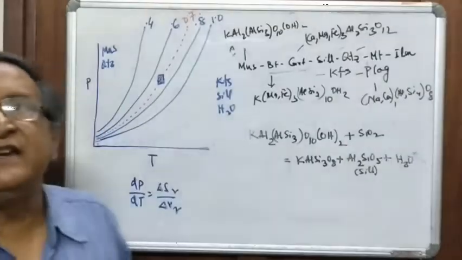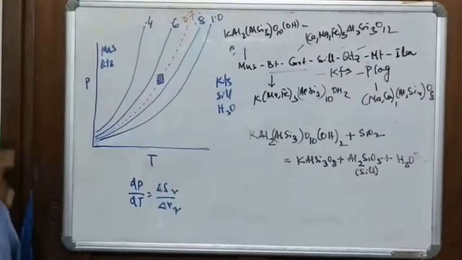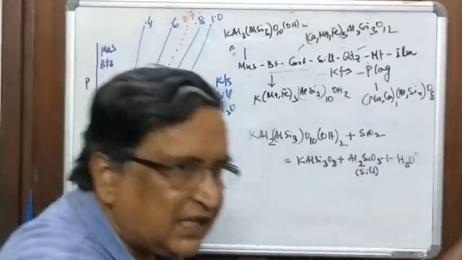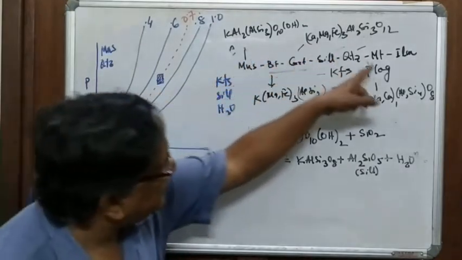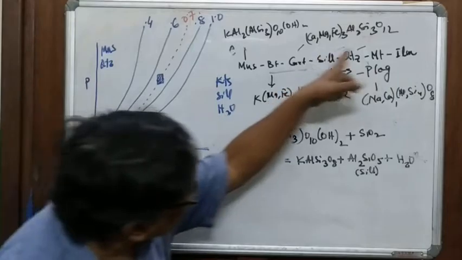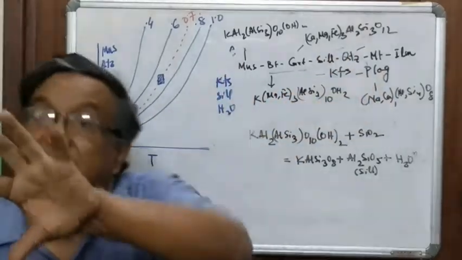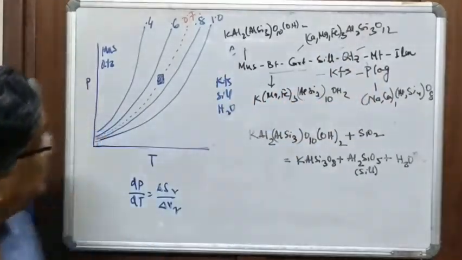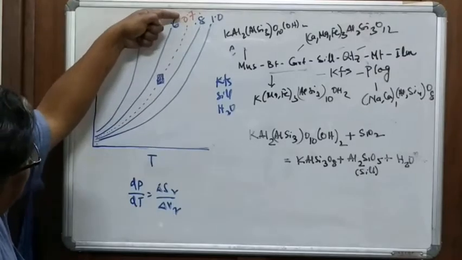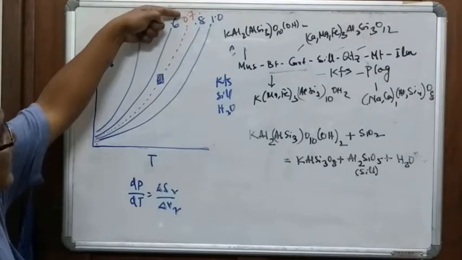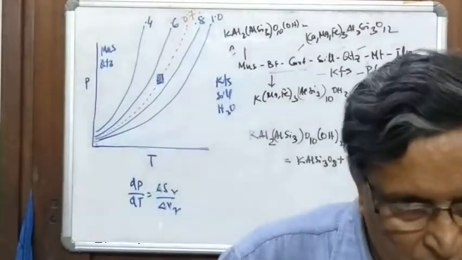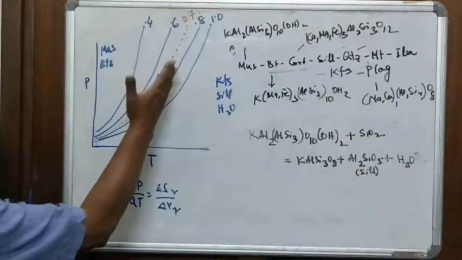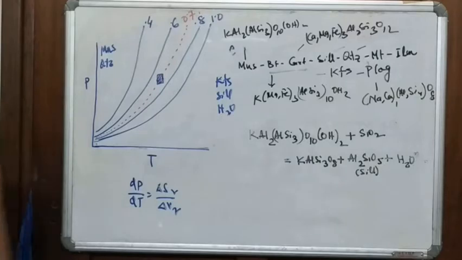Therefore, you can find out XH2O is equal to 0.7 for that equilibrium at this pressure temperature condition, where these phases are in equilibrium. So for these phases, for these compositions, for this PT condition, the XH2O value should be equal to 0.7. So this is how we look at it physically.